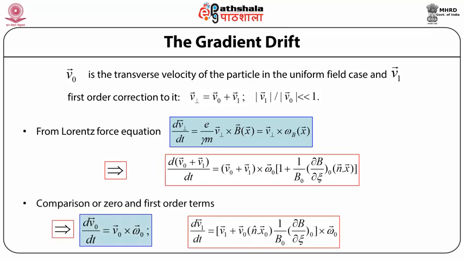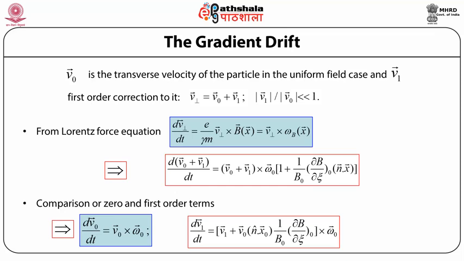On comparing the zeroth and first order terms, we obtain dV naught by dt equals V naught cross omega naught, and dV1 by dt equals (V1 plus V naught into n cap dot x into 1 divided by B naught into del B by del zeta naught) cross omega naught.